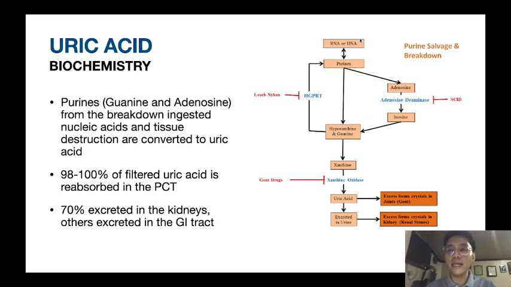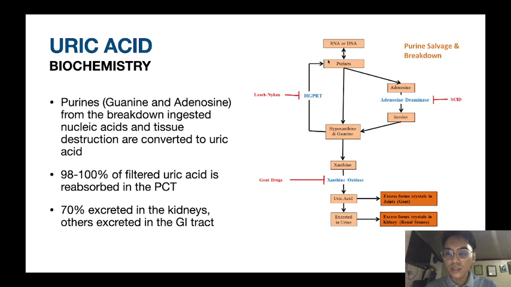RNA and DNA kasi 'di ba, RNA and DNA that will become nucleic acids. Then yung nucleic acids that can be catabolized or metabolized into purines. So again, RNA or DNA that will become purines. And then yung purines that will become uric acid.